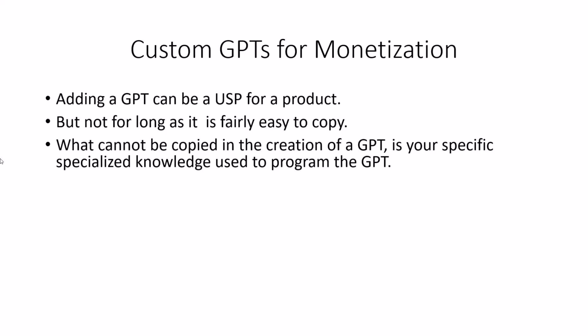Well, they can't copy any specialized knowledge I have. So when I program a GPT, I'm going to be creating something that depends on something I know, something I've learned that other people may not have learned. So again, if you're using common knowledge and common ways of approaching things, well, anybody can do that.